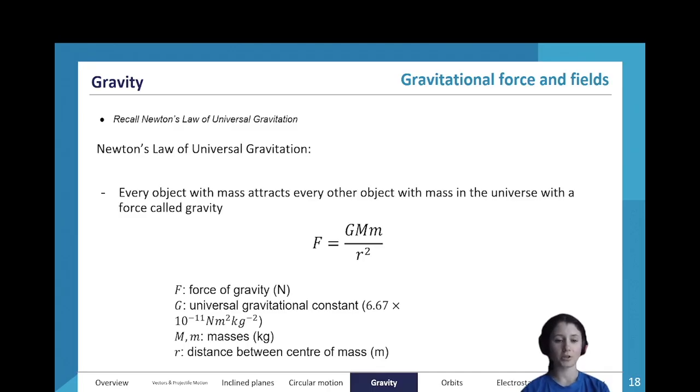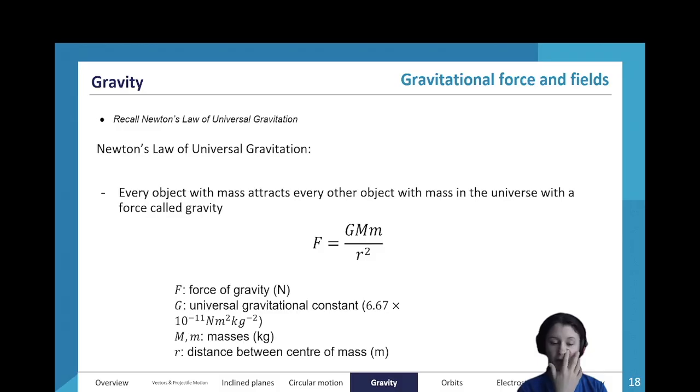Looking at our equation, F is the force of gravity, G is Newton's gravitational constant, and that 6.67 number is written on your formula sheet, so don't worry about remembering it. The big M and the little m are just two separate masses. So typically you'll get questions where you have two planets and you'll be finding the gravitational force between them, or maybe two particles or something like that.